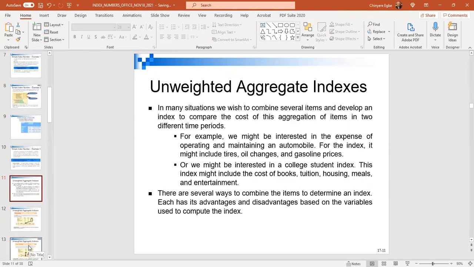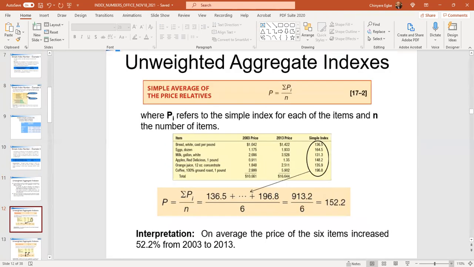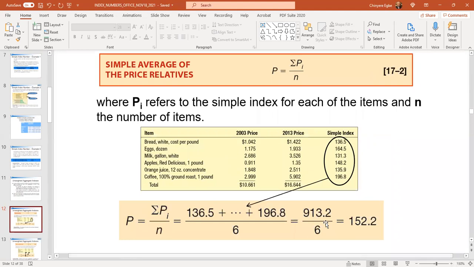Okay, so we go from simple index to aggregate index. So we have what we call an unweighted aggregate index, and I'm going to illustrate that. We're looking here at relative prices, okay? So we look at the goods that people consume.